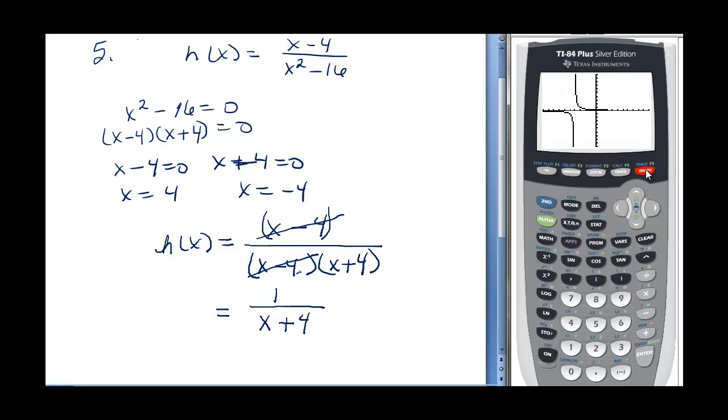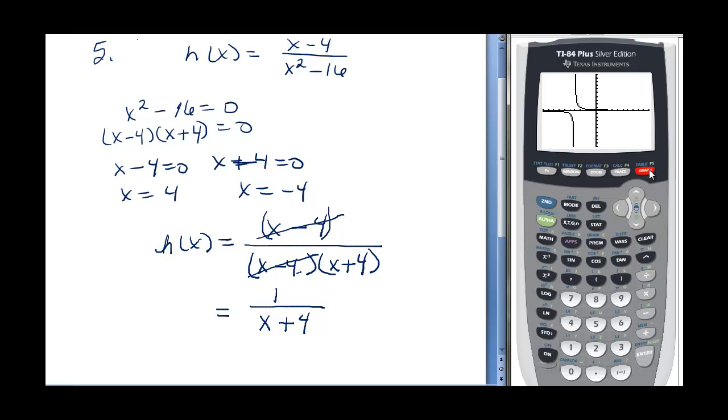Now we can go over to our calculator and take a good look at what that looks like. Take a little mental snapshot, and then let's clear that out and just put in 1 divided by, again, parentheses, x plus 4. Graph that, and that's what our other function looked like.